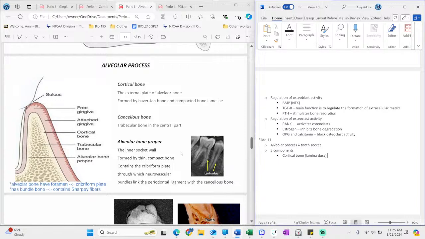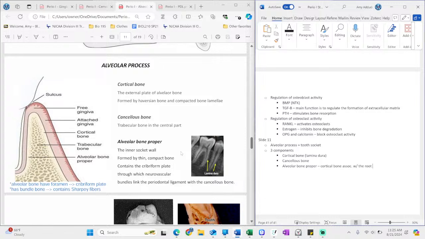Then when we talk about alveolar bone proper, it's just half of it. It is the cortical bone associated with the root in particular. That's what we call the alveolar bone proper, because it's associated with one tooth and not with two. Okay?